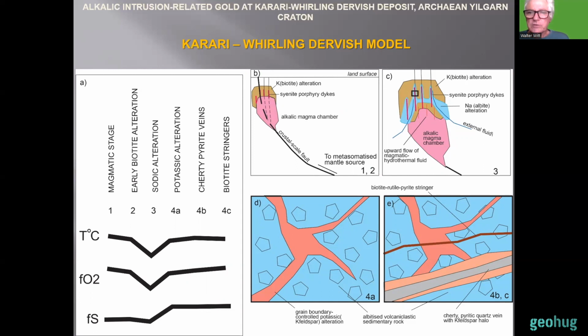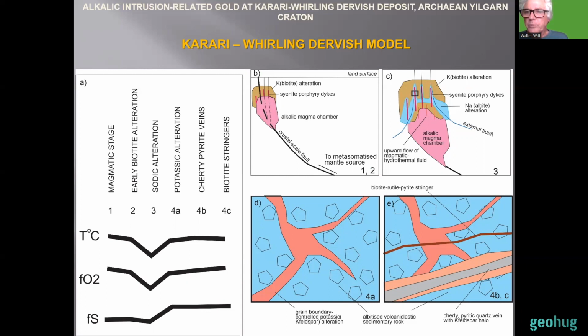Syenite porphyry dikes emanate from the roof of this magma chamber, and the alkalic intrusive center is capped by a carapace of biotite alteration. The next stage is the influx of external fluids, causing sodic-calcic and sodic alteration in the carapace and the syenite porphyry dikes.